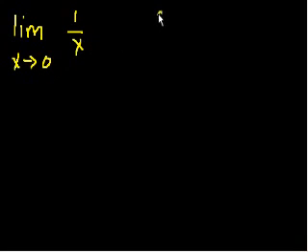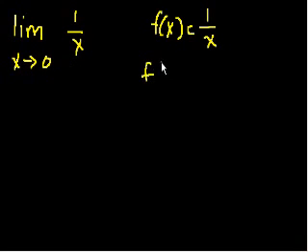Let's say that f of x, you can tell my presentations are very unplanned, f of x is equal to 1 over x. And we want to find the limit as x approaches 0. So actually, let's make a table.